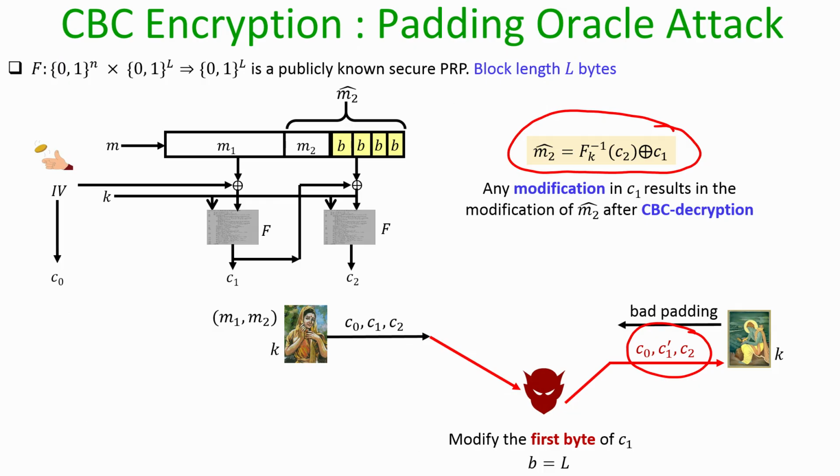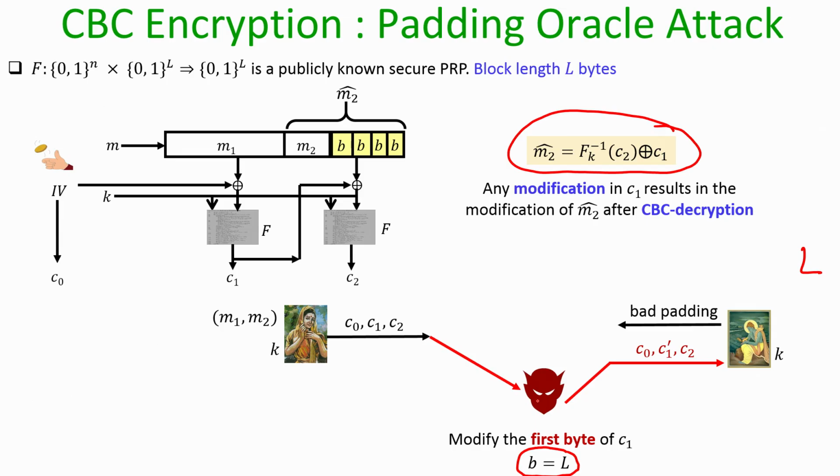So, what the attacker does is, if it sees that the response from the receiver's decryption algorithm is bad padding, then it gives an indication to the adversary that the number of bytes which have been padded is big L. This is because the bad padding will occur only if, when the receiver performs the decryption, the last byte that it obtains in the recovered M2 has the value L, and as per the decryption algorithm, the receiver would have parsed all the big L bytes in the recovered M2 block and checked whether all of them represent the value big L or not.